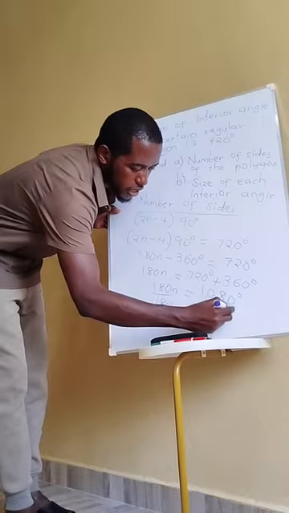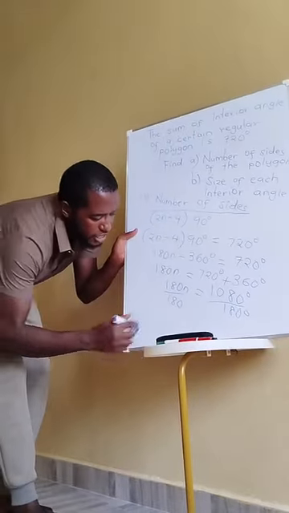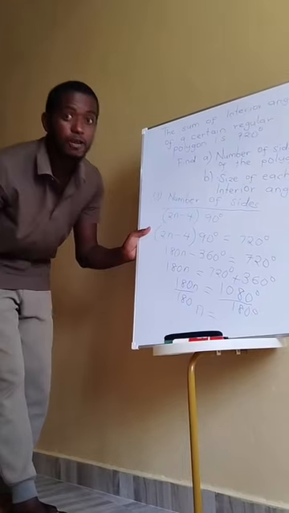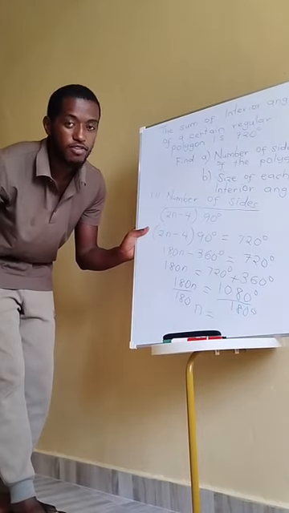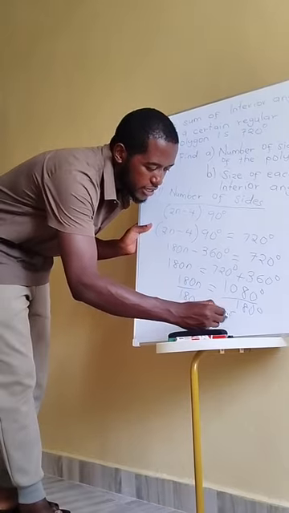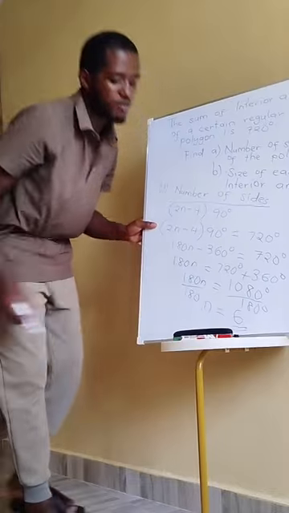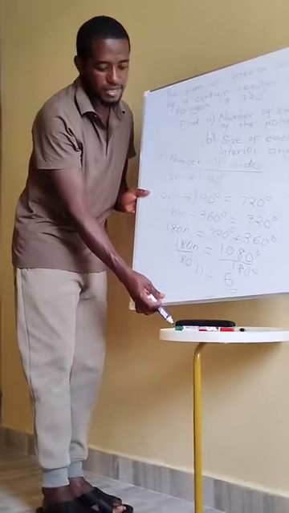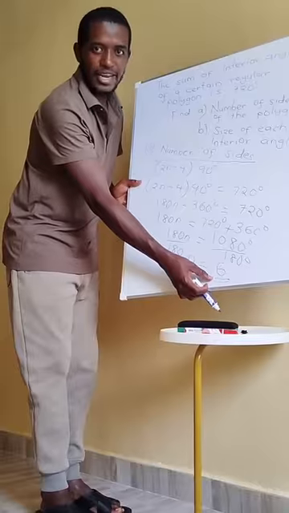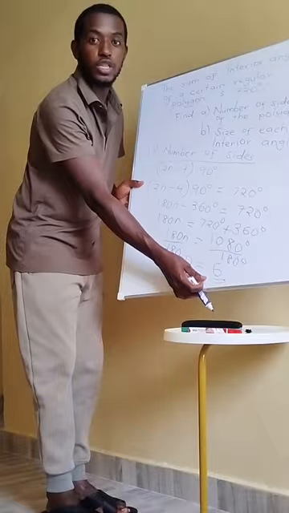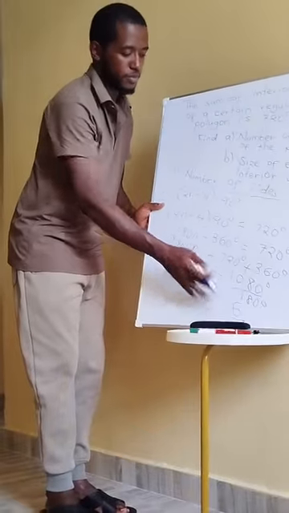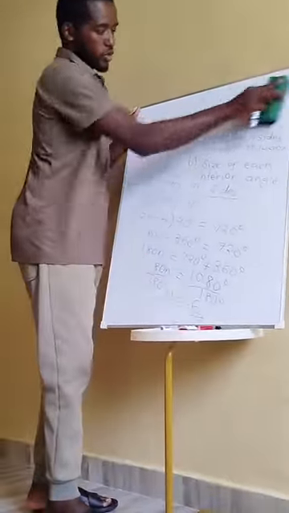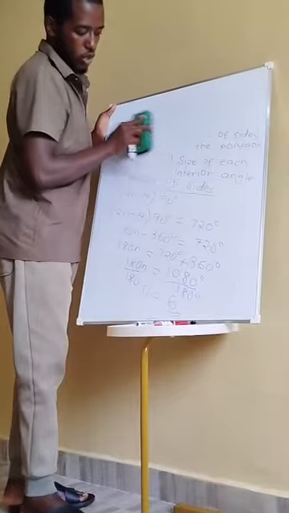So 180n divided by 180 gives you 1n, which is the same as n. 1080 divided by 180 is what? 6. Therefore, the number of sides of a polygon is 6 sides. And a 6-sided polygon is called what? A hexagon.